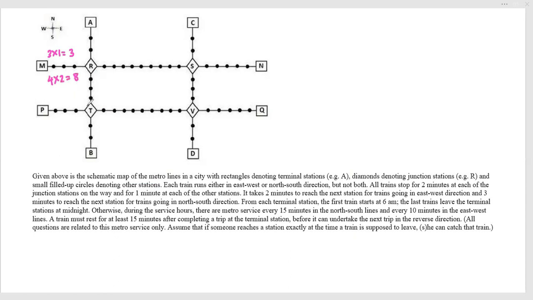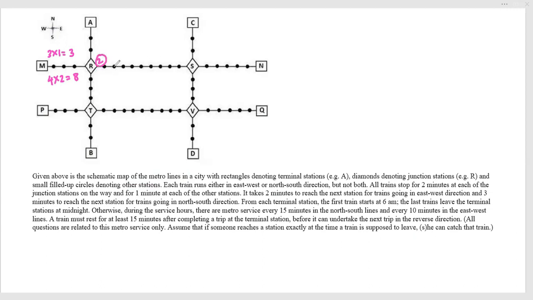Looking at that, moving in this direction from M to R, it will take 8 plus 3, 11 minutes. So this location takes 11 minutes. Here it would be 2 minutes again.